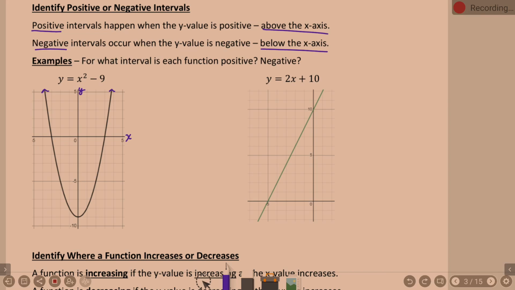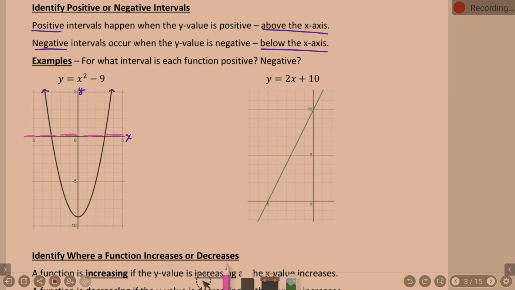So we're looking at, when is our graph positive and when is it negative? Well, what's the dividing line? The dividing line is the x-axis here, right? That's my dividing line.